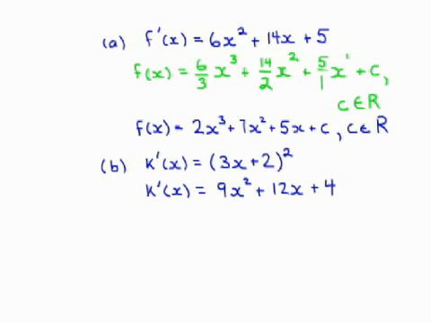So if I take the antiderivative of this to find k of x, the first thing I would do with that x squared is increase its exponent by 1, so it's now an x cubed, and take that 3, that's the exponent, and divide it into the coefficient 9, and I get my new coefficient 3. Go over to my next term, which is a 12x.